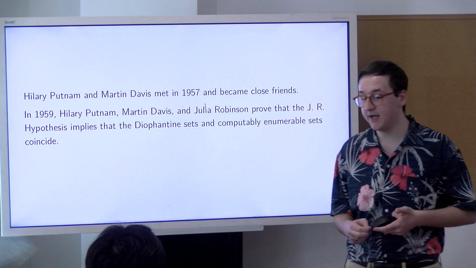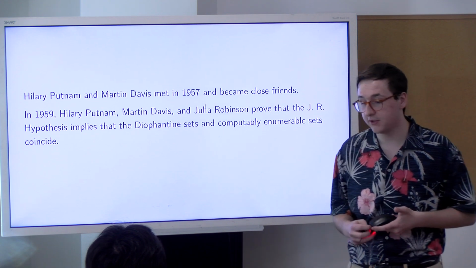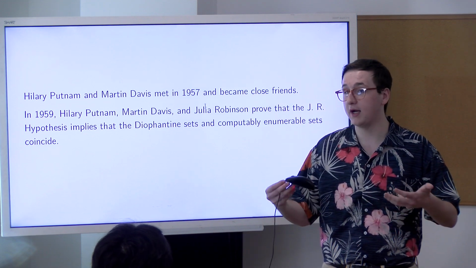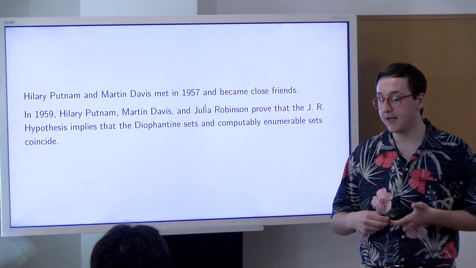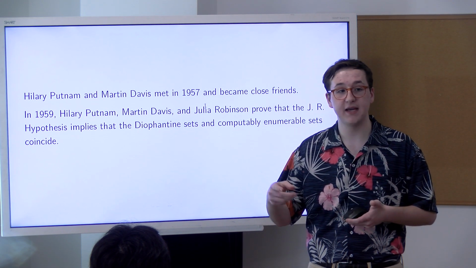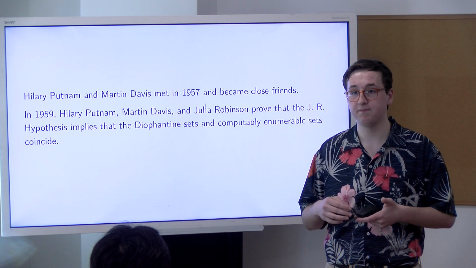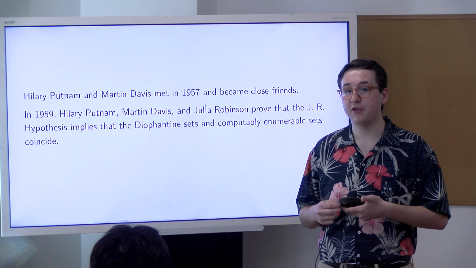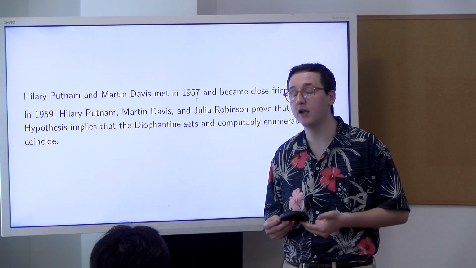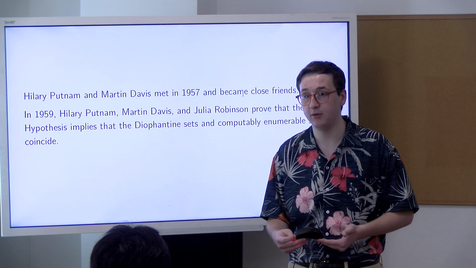In 1959, Hilary Putnam, Martin Davis, and Julia Robinson proved that the JR hypothesis, if it is true, which they still didn't know, would imply that every computably enumerable set is the same as every Diophantine set, and vice versa. Remember, I gave a theorem before that said there is no algorithm that can determine whether an arbitrary set is computably enumerable.